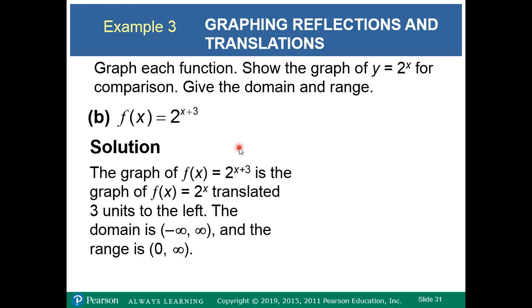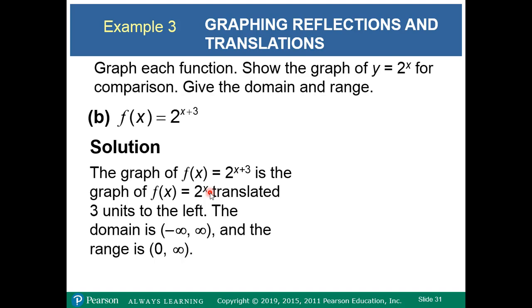We can do that because we know those 3 points: 2 to the x goes through negative 1 comma 1/2, 0 comma 1, and 1 comma 2. Now if we move all 3 of those points to the left 3 units, the 1 comma 1/2 is now going to become what?